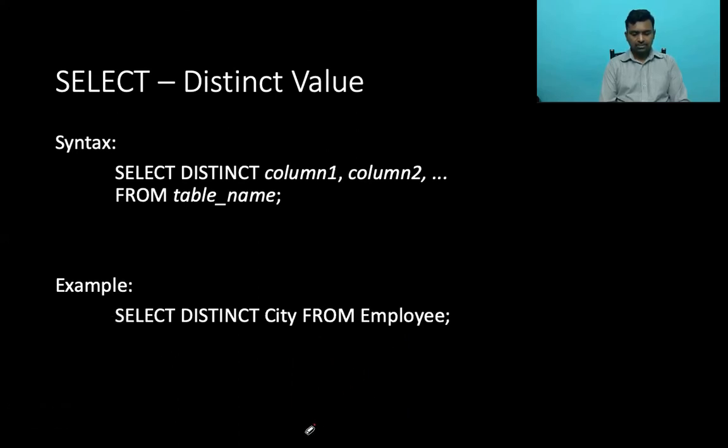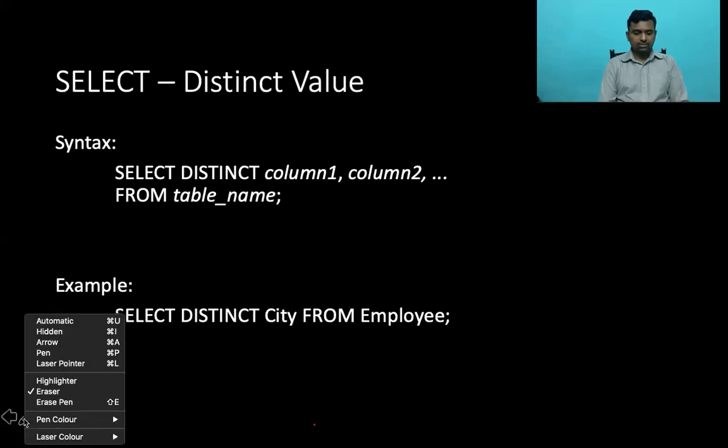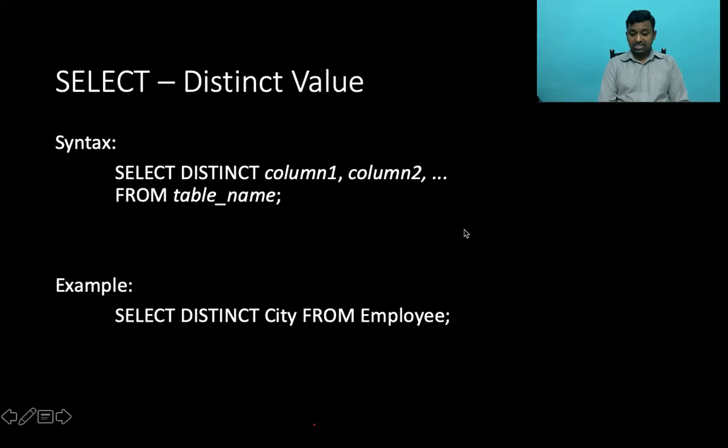Okay. For example, there are 1,000 employees working in the organization, and people live in different cities, right? If I want to select which cities are present inside that, for example, I have Chennai.